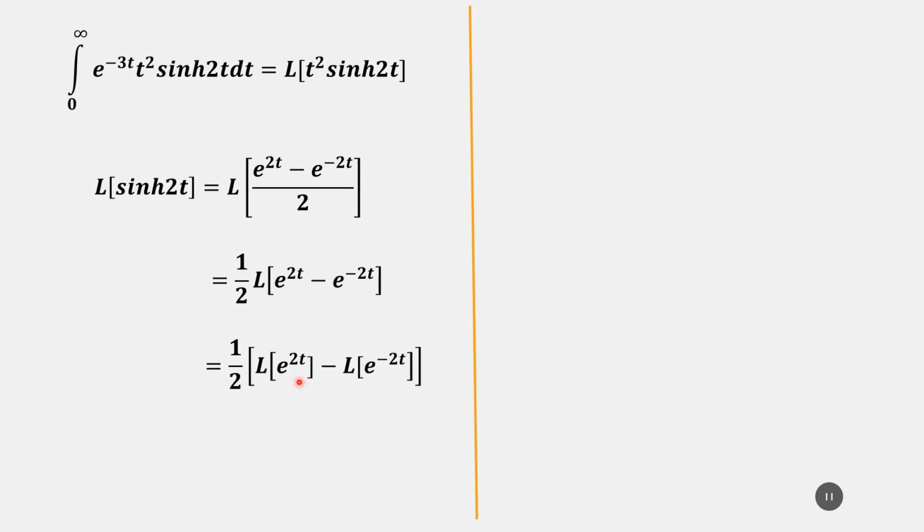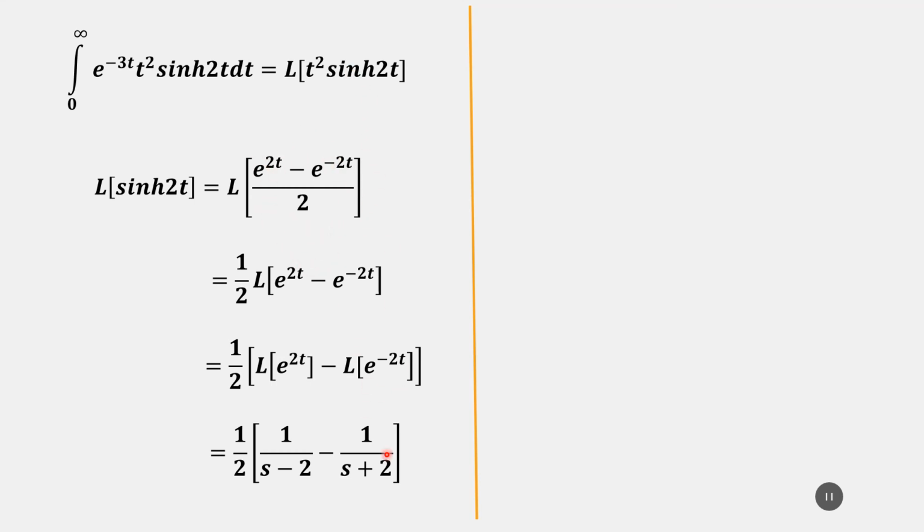So L of e raised to 2t minus L of e raised to minus 2t. We know that L of e raised to 2t is 1 upon s minus 2 and e raised to minus 2t is 1 upon s plus 2. So when we simplify, we will get 2 upon s square minus 2 square. The same formula. So I have made use of the basic definition of sine hyperbolic function.